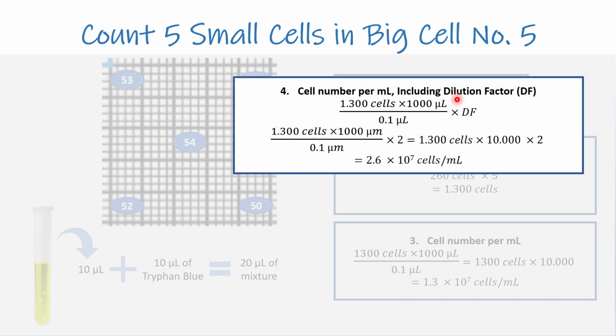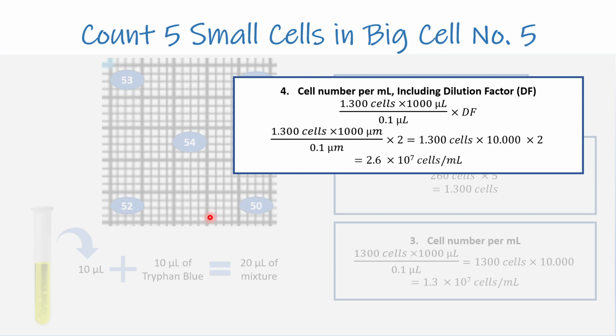All we need to do is take this final number and multiply it by the dilution factor. Since our total mixture volume is 20 microliters and our initial sample is 10 microliters, the dilution factor is 2.